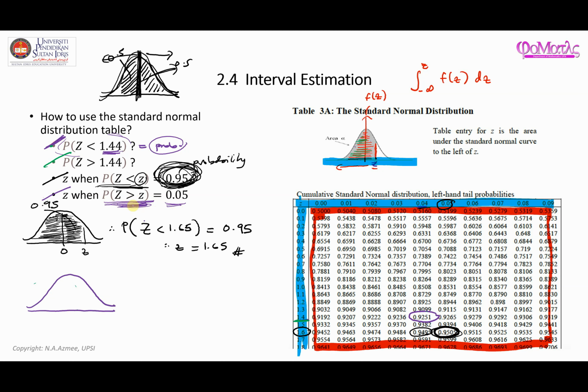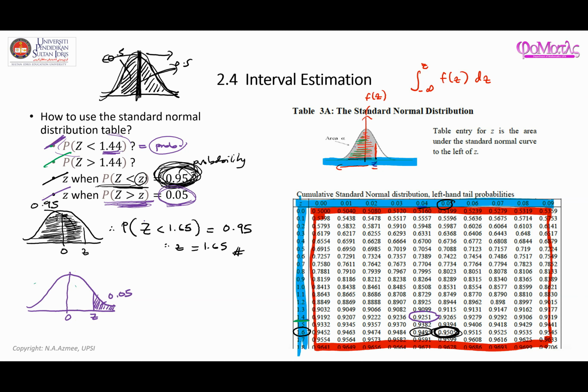Okay, we can imagine this is the area to the right, this direction, and you can see that the area is very small, 0.05. It is not even half of this distribution. So we know that it must be somewhere here where the area is just a small area, which is 0.05, and this is the unknown z that you are looking to find.